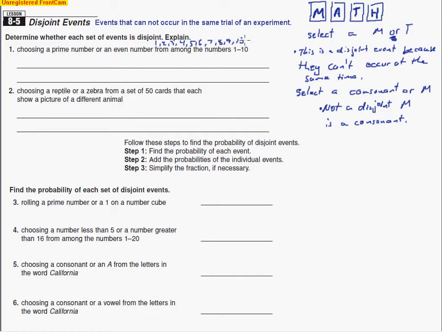So we call that a composite number. 8 is not prime either because it has factors other than 1 and itself. It also has 2 and 4. 6 is another even number, and that has factors of 2 and 3. 4 has factors of 2 and 1 and 4 itself.